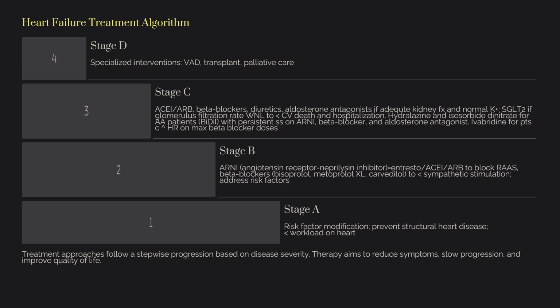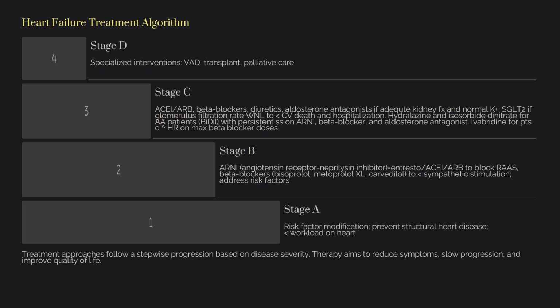Stage B, we will give them beta blockers and things that affect the RAAS. Okay. The beta blockers are going to affect those things that stimulate the sympathetic nervous system, which are going to make the heart not have to work as hard. And then RAAS, same thing. It's getting rid of that excess fluid that it's having to manage. Okay. Or stopping that process, I guess.